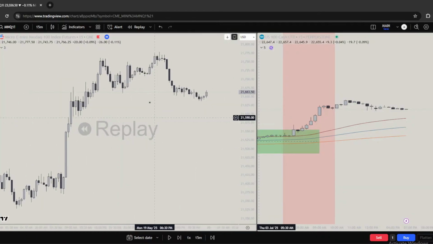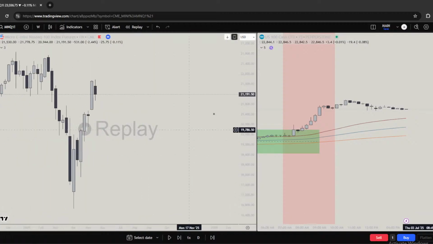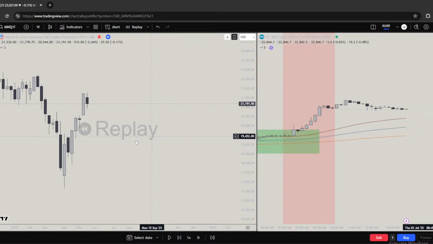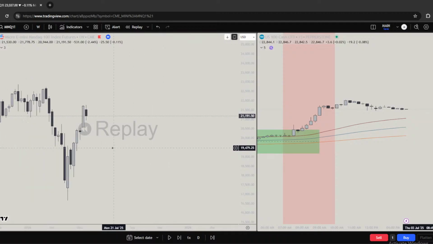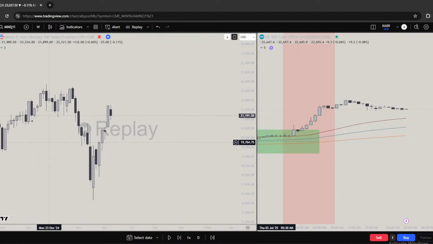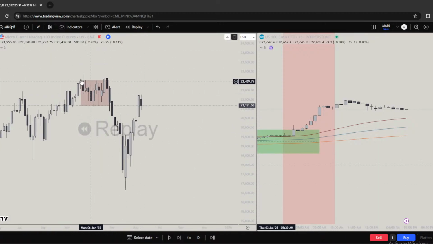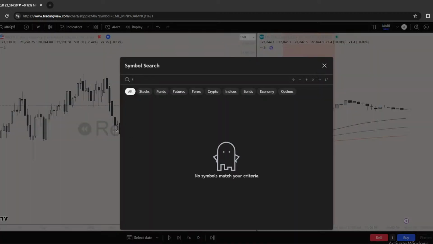Probably just took out the sell side. Looks like we had accumulation, manipulation. Looks like this is distribution all right here. Price might want to come up and take out these highs up here, these equal highs.